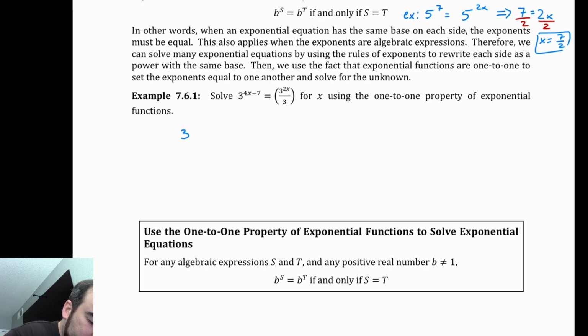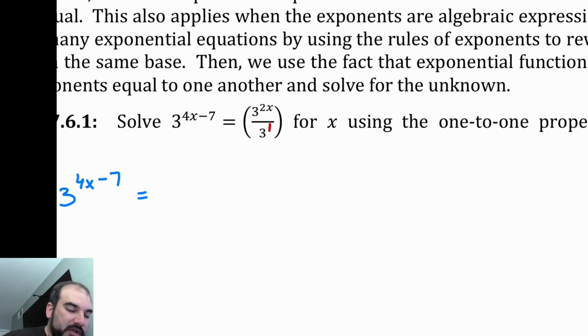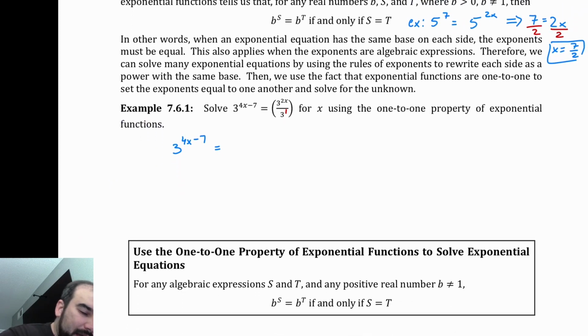We're going to say 3 to the 4x minus 7 equals, and now I have a quotient of 3's. I have a 3 to the 2x divided by 3. This 3 in the denominator is essentially a 3 to the first power. And what do I do with those exponents if I'm dividing expressions with the same base? The laws of exponents say, what do we do with these exponents? Subtract. We subtract. Good. So we can rewrite this as 3 to the 2x minus 1.